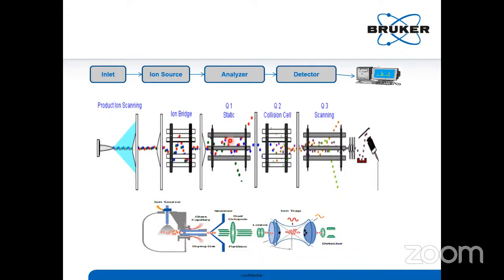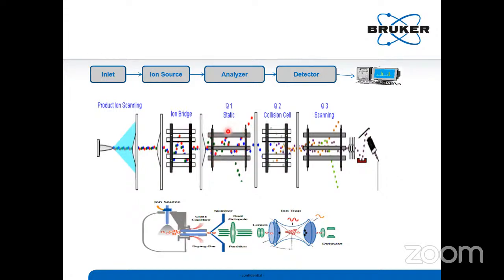In that case, you will give your scan range only from 1000 to 2000. Automatically, below 1000 and above 2000, all molecules will be filtered. This Q1 quadrupole will work as a mass filter. Only as per your parameter, it will filter out all remaining molecules and allow only whatever mass range you have given.